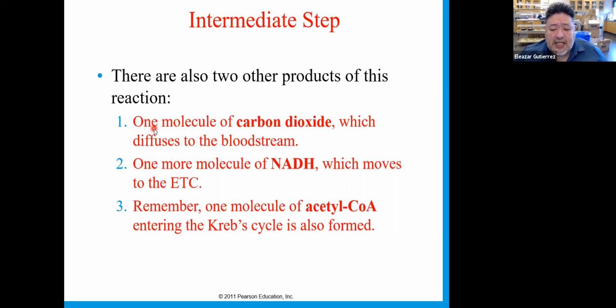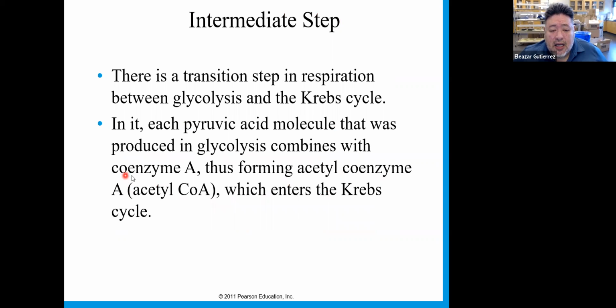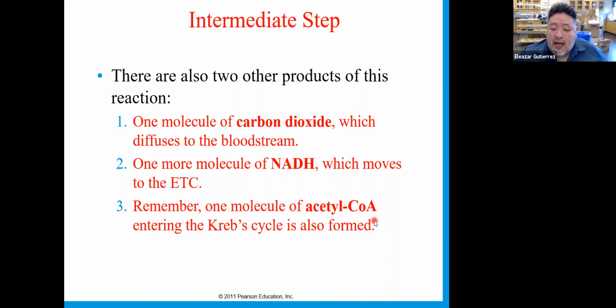So one of the first things that happens is that acetyl-CoA, the enzyme, okay, coenzyme A associates with pyruvate, releasing a carbon dioxide, okay? So remember, pyruvate has three carbons, three.